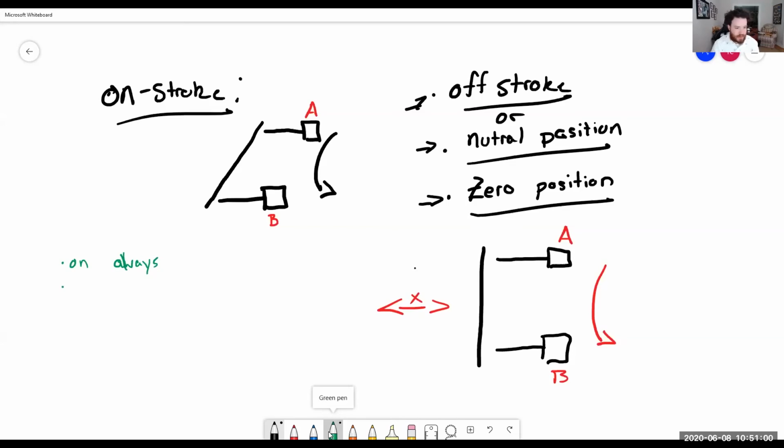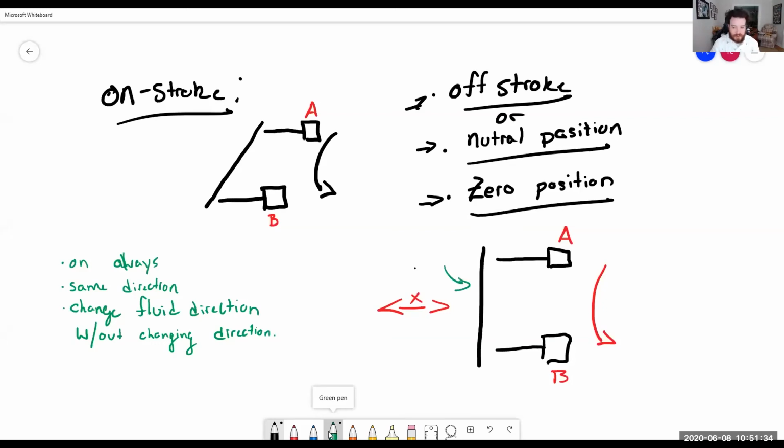It can run in the same direction, and it can change the fluid flow without changing direction. It does that because of this tilt plate right here.